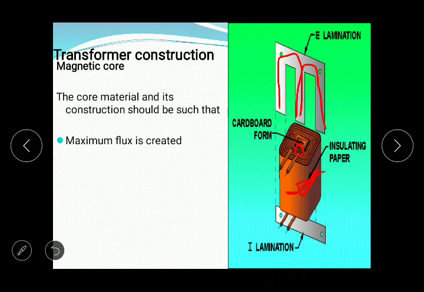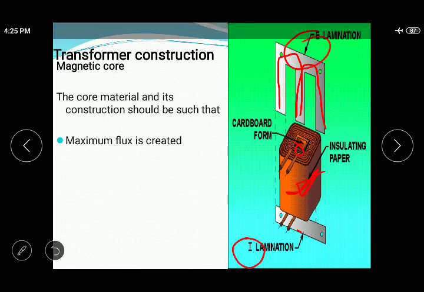This is a lamination. This lamination is A lamination and this lamination is E lamination. This winding is wound on this core with insulating paper.